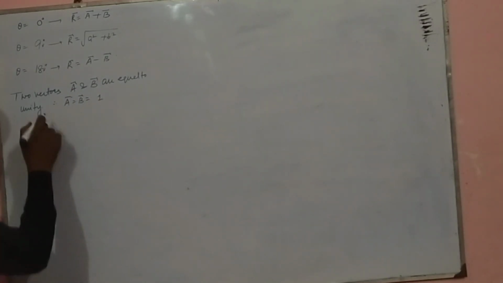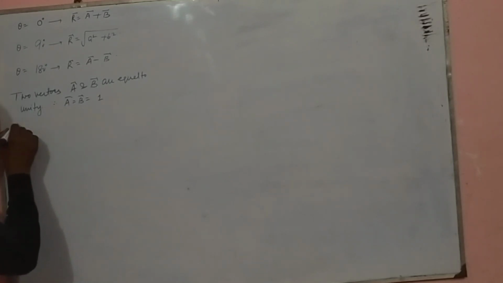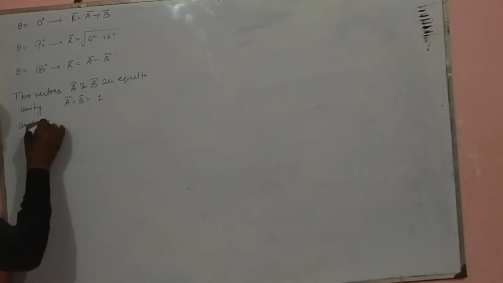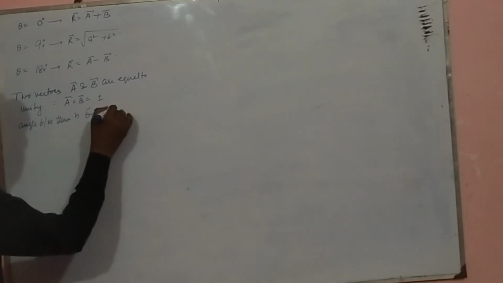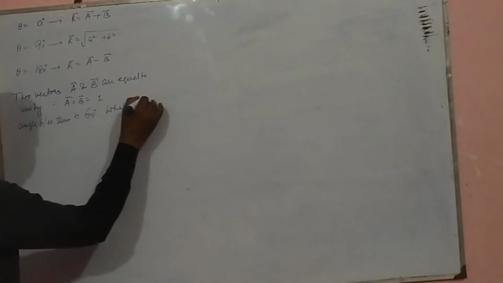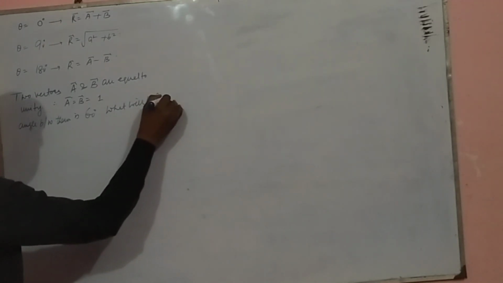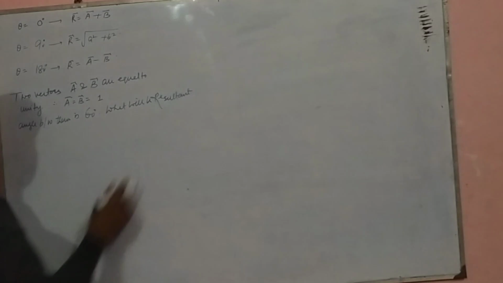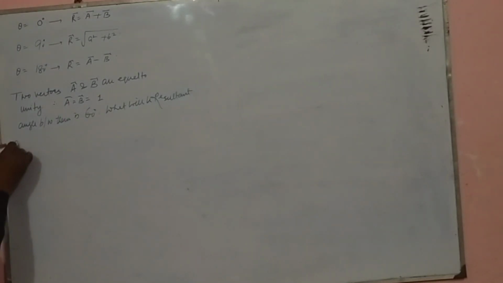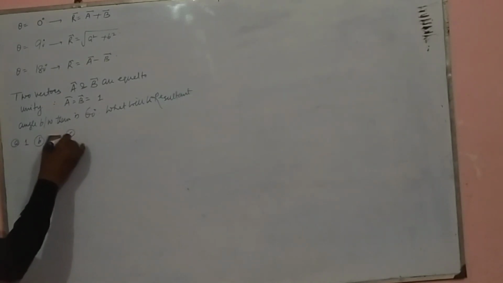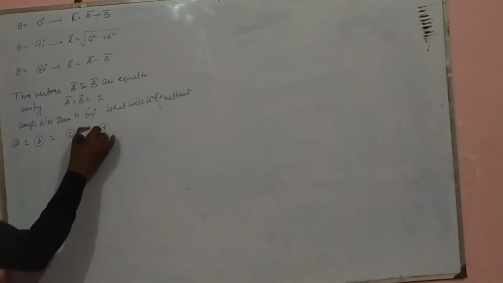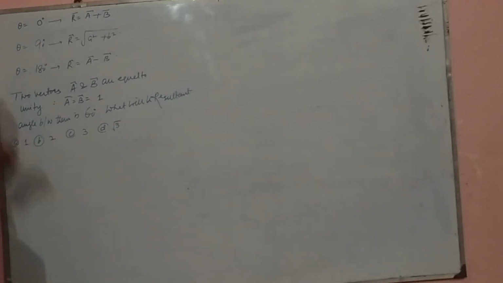Both have magnitude 1, and the angle between them is 60 degree. What will be its resultant? Let's say the resultant will be 1, resultant will be 2, resultant will be 3, or resultant will be under root 3. Okay. Then what will be the correct answer?